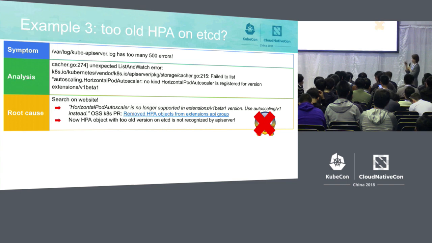It turned out that at one point, horizontal pod autoscaler is no longer supported under this version, and a new version called autoscaling/v1 is used. And in this particular cluster, it still has some old version HPA. And of course, the API server cannot recognize it anymore, it cannot find it.